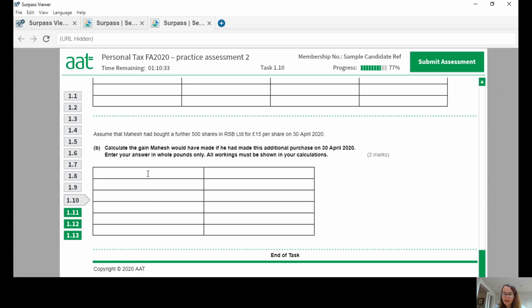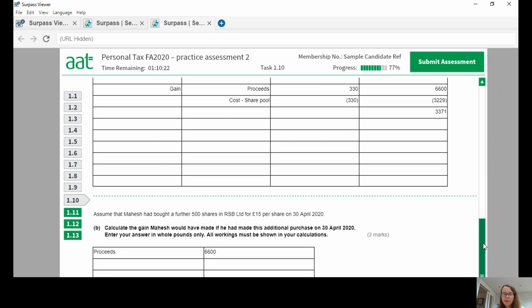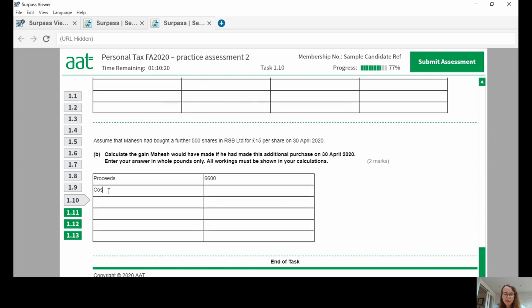So it wants us to calculate the gain again on this information. So the proceeds would still be 6,600, exactly the same as here. But now the cost would be the next 30 days, and it would be, how many shares is he selling? 330 shares at £15.